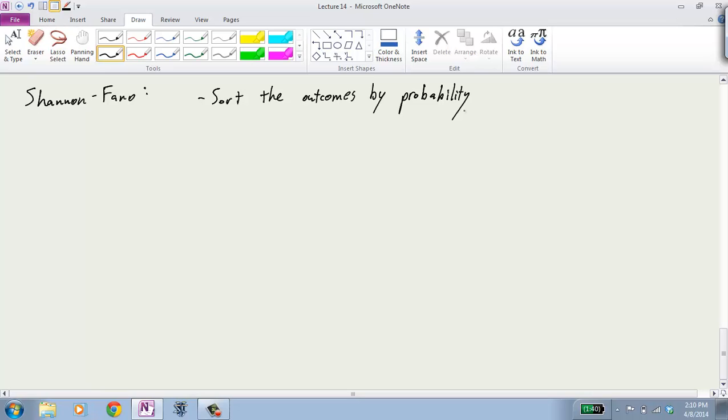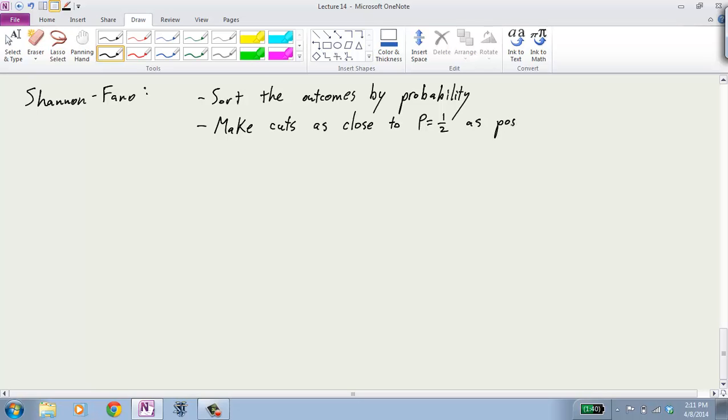And then make cuts as close to p equals a half as possible.